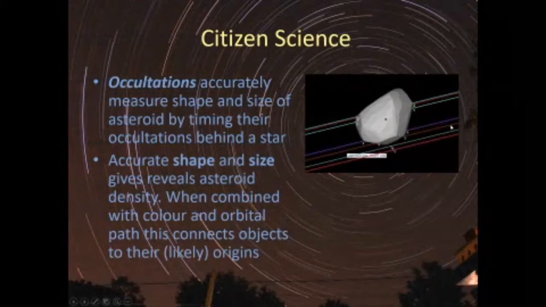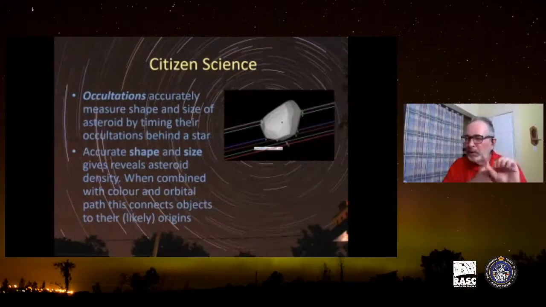What we're doing is timing when the asteroid goes in front of a star, and by accurately timing that, and also knowing exactly where on Earth each observer is, we can get a profile in 2 dimensions of the asteroid, which tells us pretty accurately what its overall shape is, at least in one 2-dimensional slice, as well as its size quite accurately.